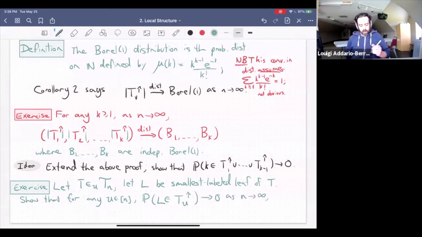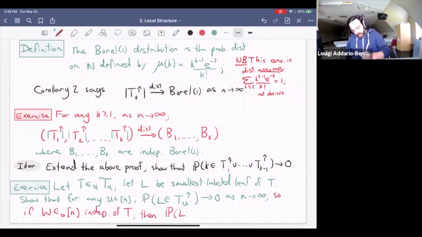Remember, in our bijection, the smallest labeled leaf plays a special role. So that's why this is going to come up. Because this is true for an arbitrary vertex u, it also follows that if we pick a random vertex W independent from the choice of T, then the probability that L falls in the subtree T_W tends to 0 as n tends to infinity.